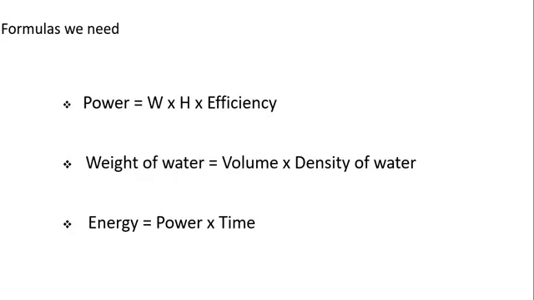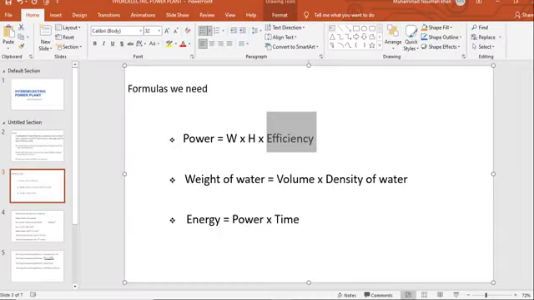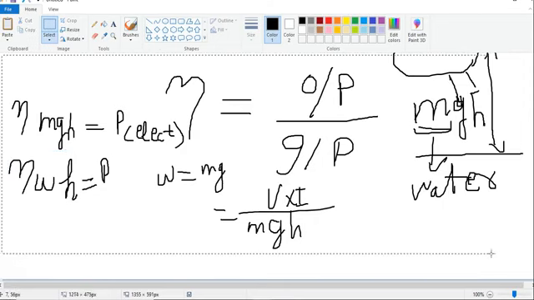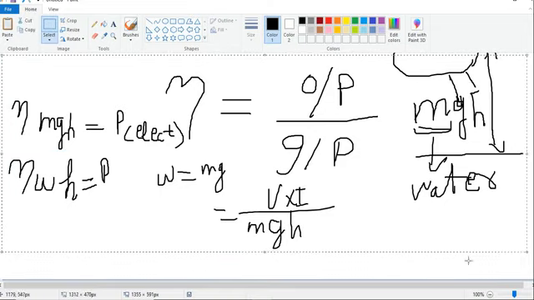Now the next thing is about weight of water. Now we will learn about weight of water, how to calculate weight of water. So it is basically volume multiplied by density of water. It is the basic science formula or physics formula, but let me tell you something about it to memorize its basic concept.